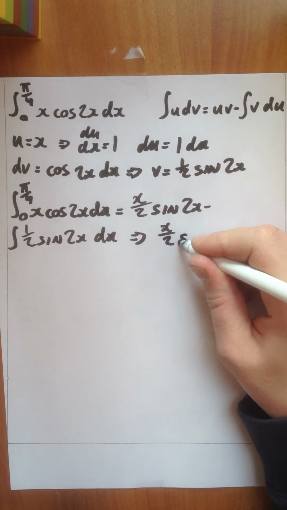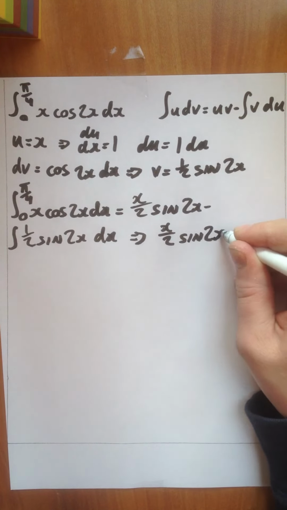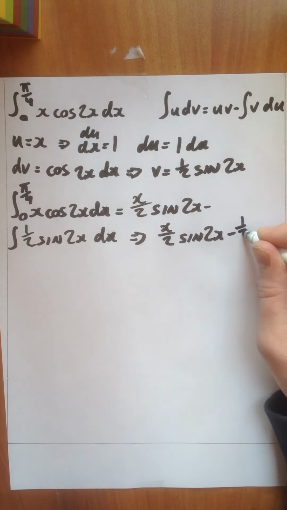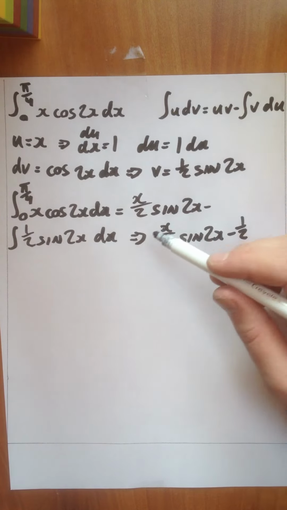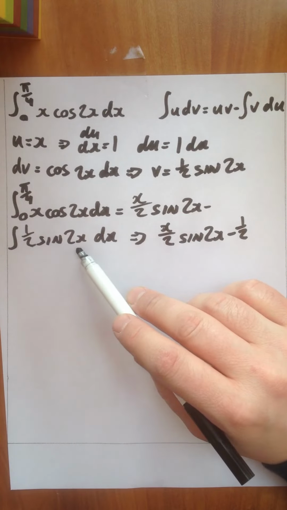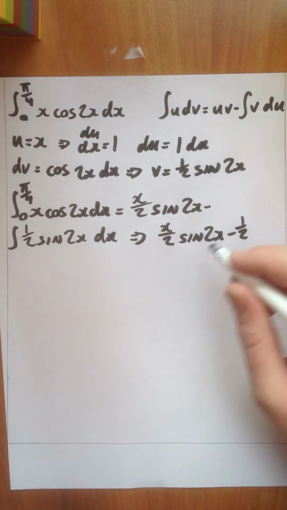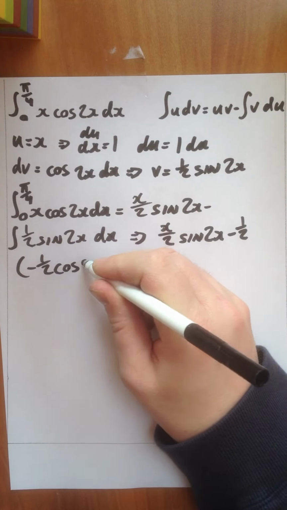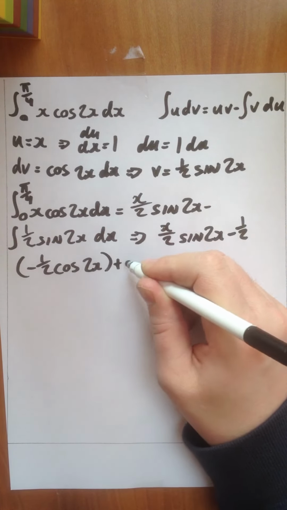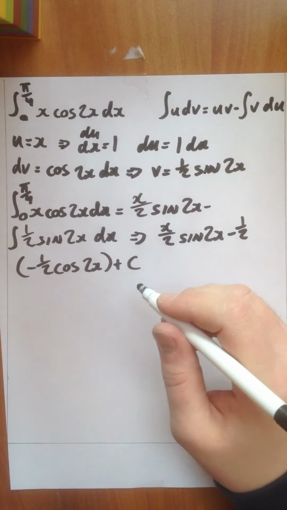x over 2 sine 2x minus 1/2. We're going to take that out and integrate our sine, or 1/2 sine 2x, and that then becomes minus 1/2 cosine 2x, and we add our c for our constant.